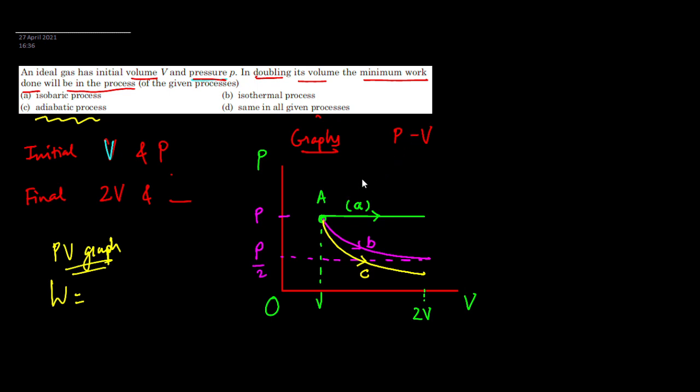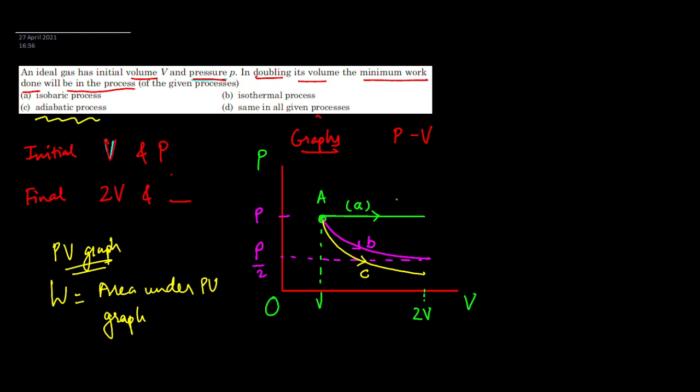Area under the PV graph. Why do you write integration for work and the PV graph? Area under the PV graph, or area between the PV graph and the axis, right? Area between the PV graph and the x axis is work.